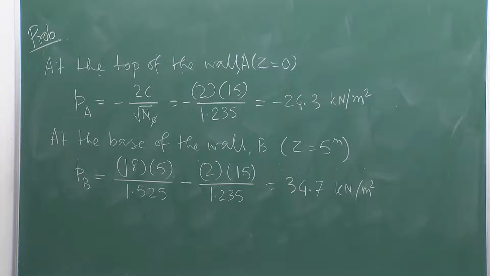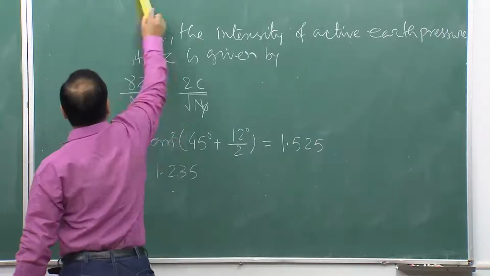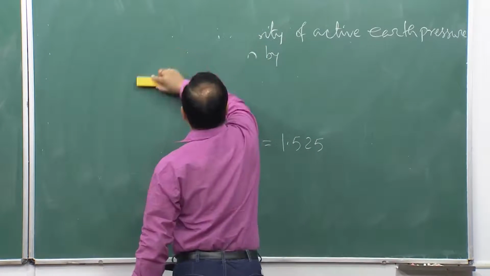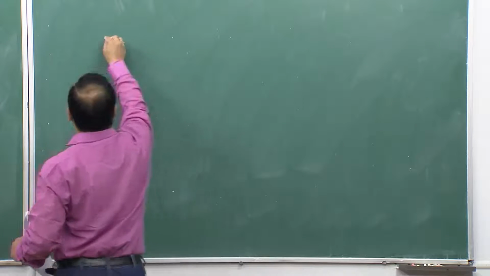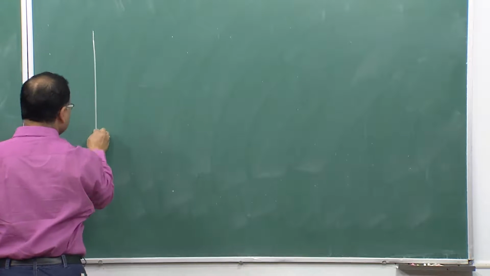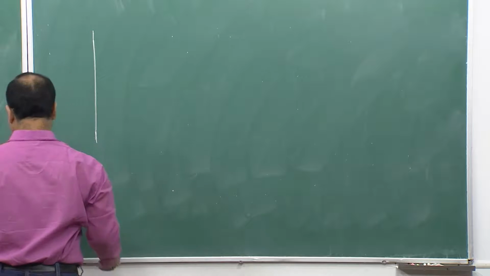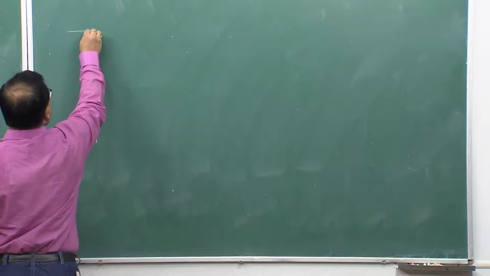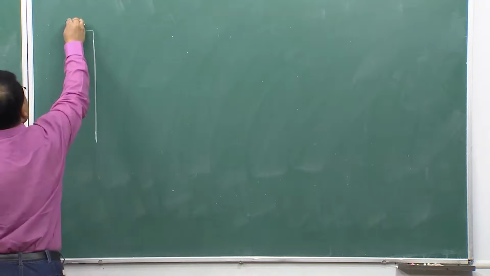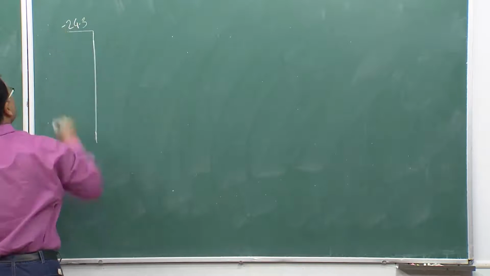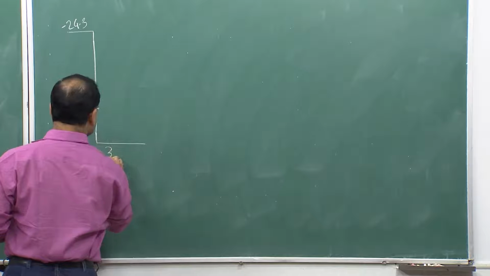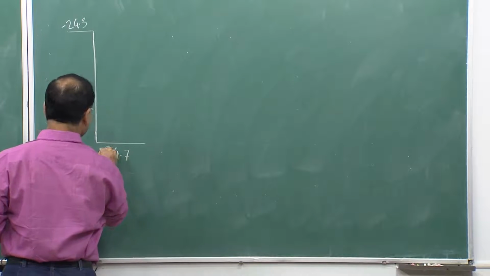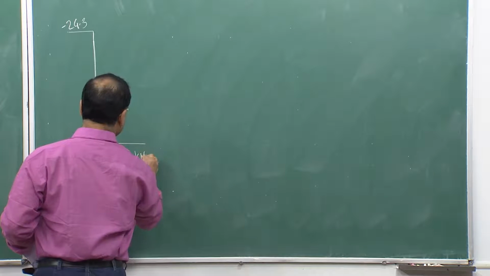That means we have got the active earth pressure at the top of the wall as well as the base of the wall. So, we know two coordinates. If this is the wall, total depth of the wall, I know this is minus 24.3 and this is plus 34.7 kilonewton per meter square.